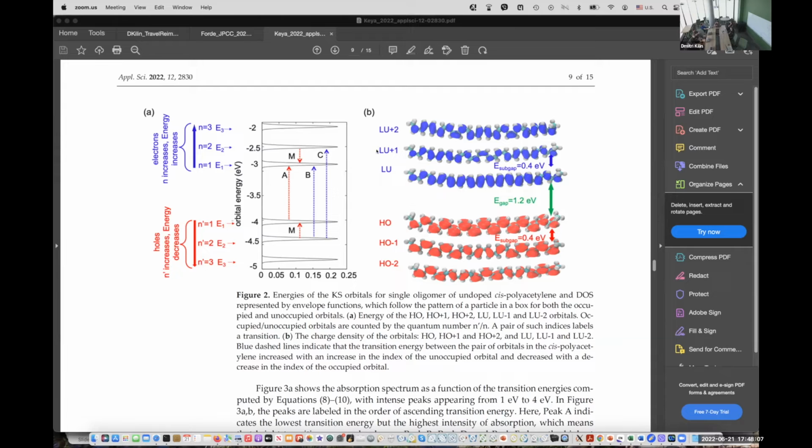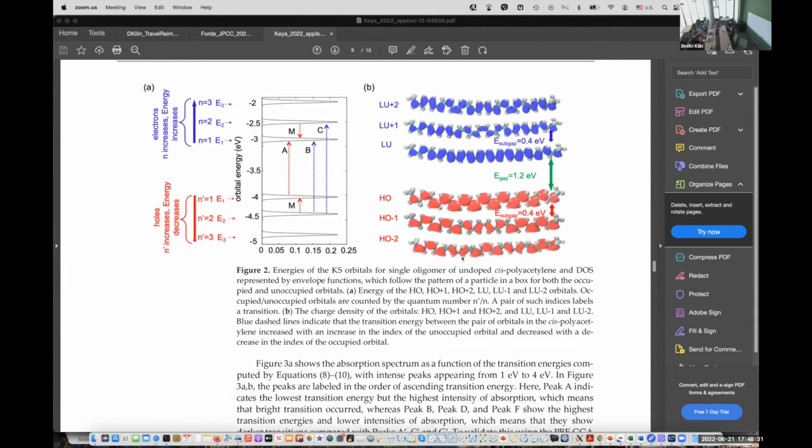Second, LUMO plus 1 has less at the edges, more at about one-third from the edges, and less in the middle. So it shows this understanding that it is not a continuous particle in the box, but the electron can stay only on the ions. So it's a discretized representation of the particle in the box.